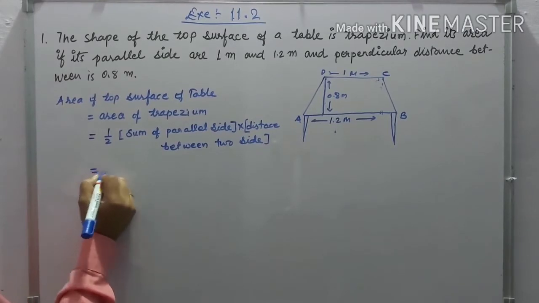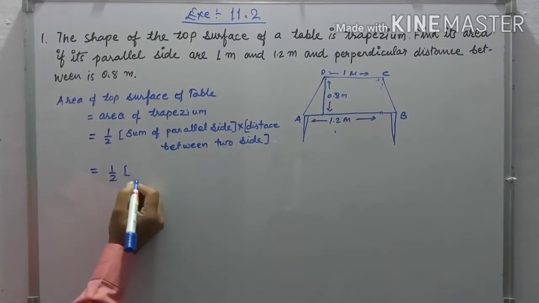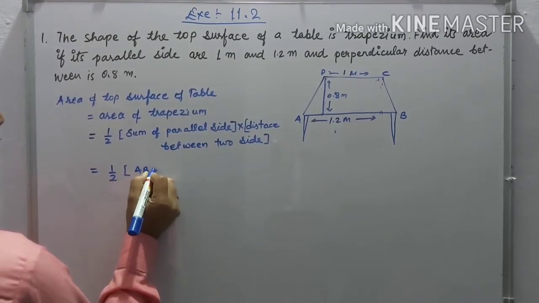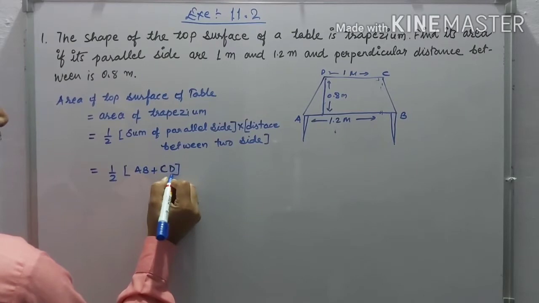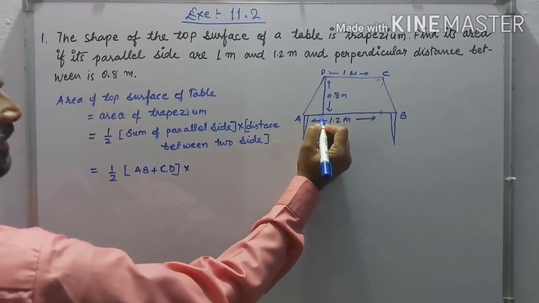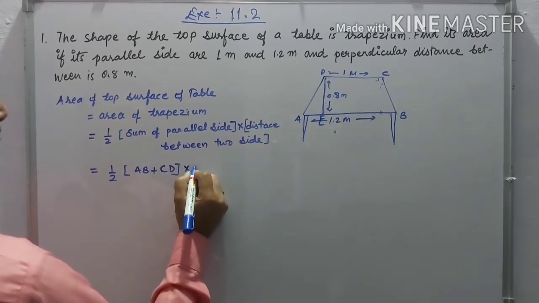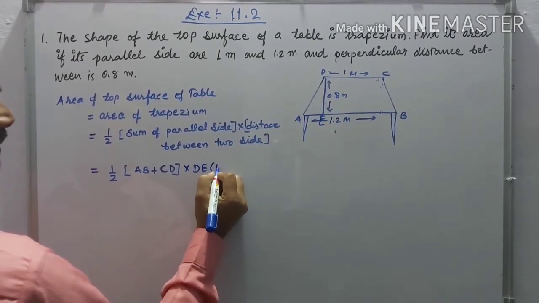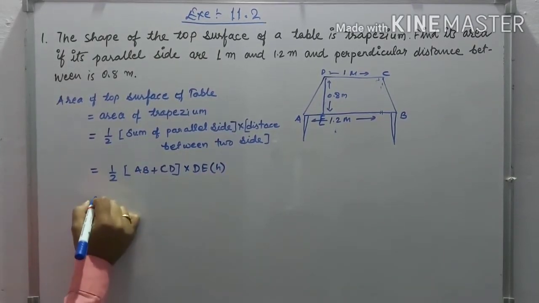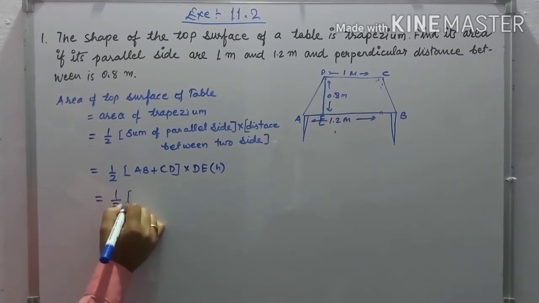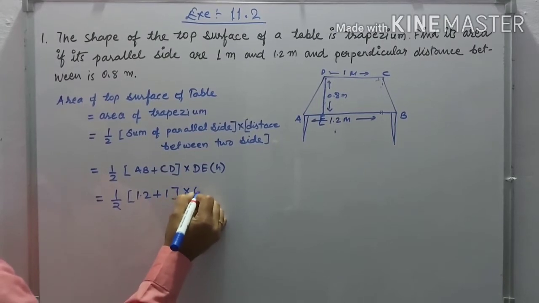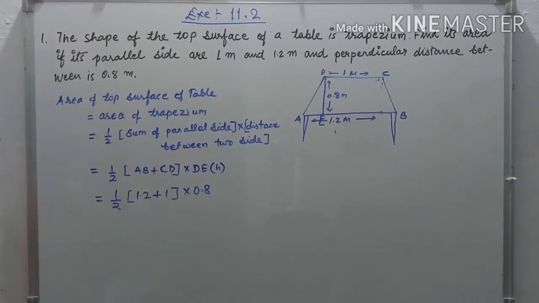So here we put the values: 1/2, the sum of the two parallel sides, first parallel side AB plus CD, and into the distance between them, which is DE. Distance is called the height. Now put the values: 1/2 into 1.2 plus 1 into 0.8.